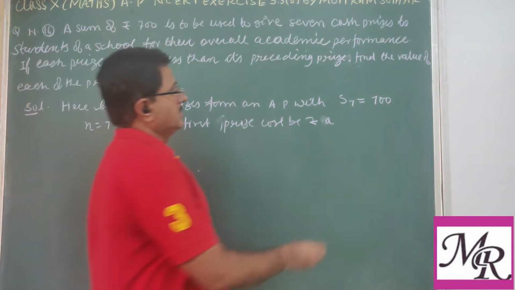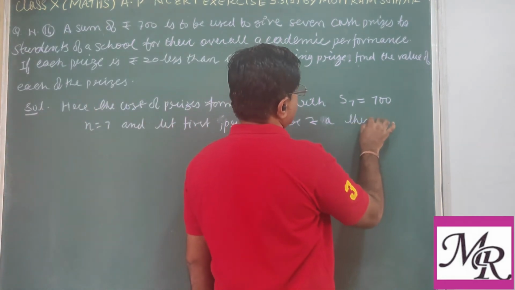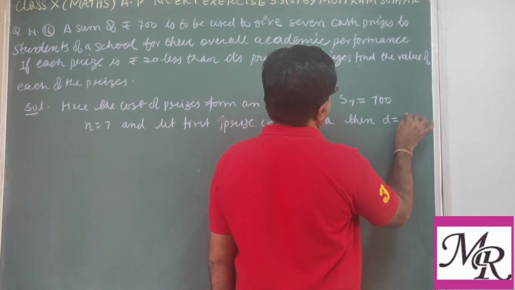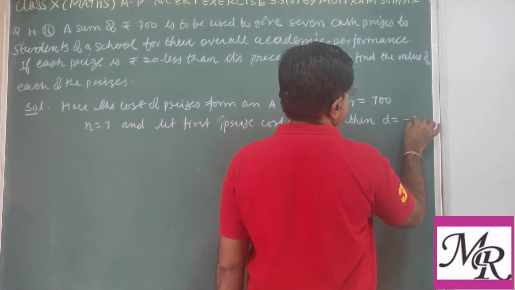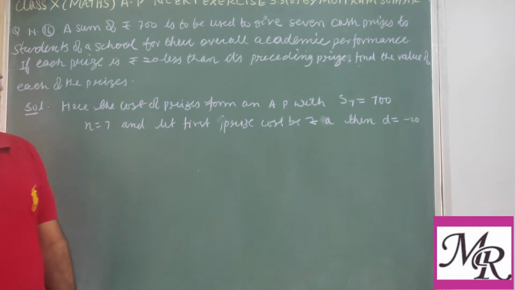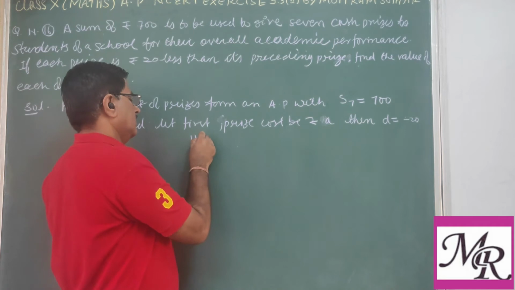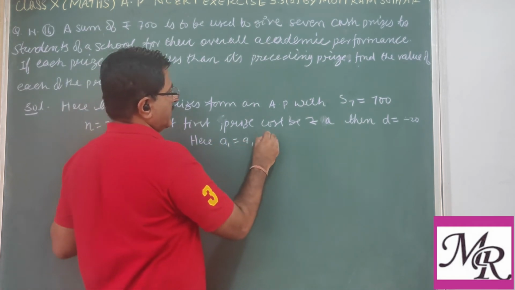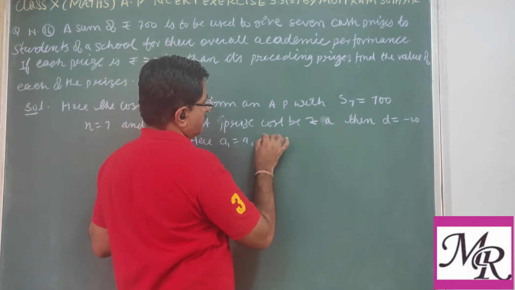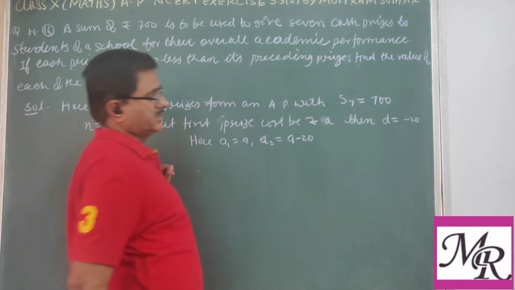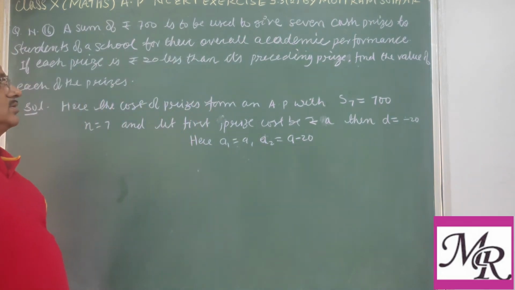Then d will be minus 20. Why did we take 20? Because here the first prize A1 is a, then the second prize value is 20 less than the preceding. Clear?